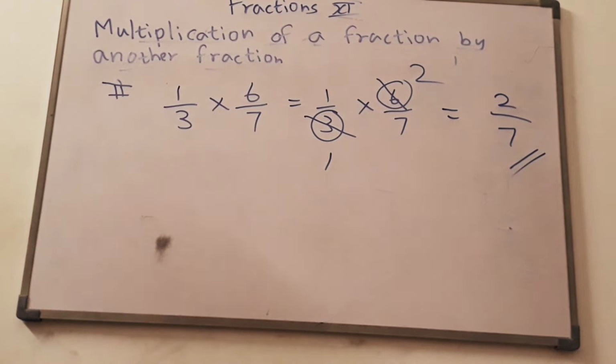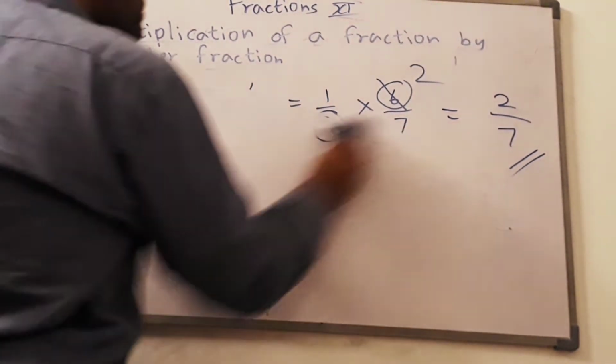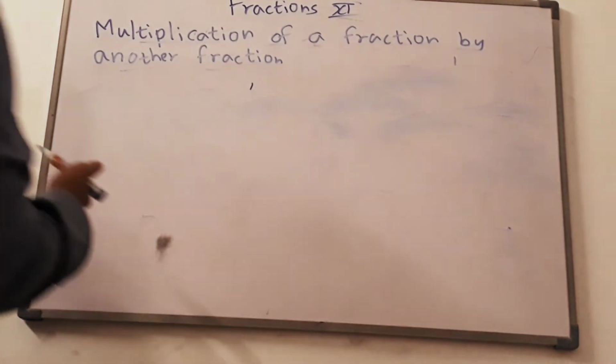Third question. Suppose a question like this for an example. 1/6 times 4/5. Before that, we will do a different sum.